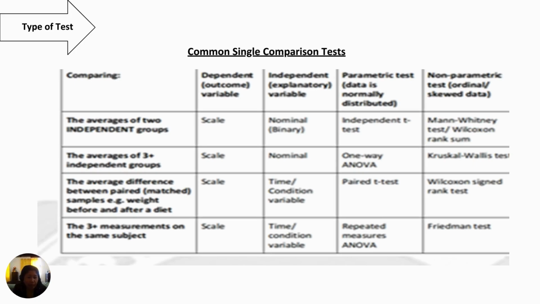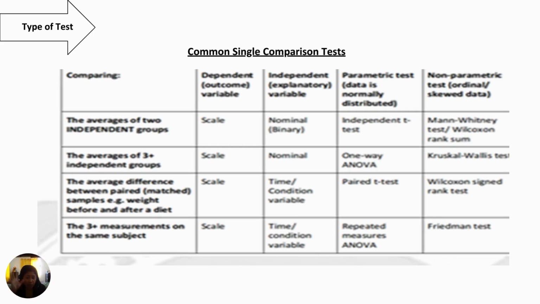When comparing the average differences between paired or matched samples, scale yung dependent variable, okay? And independent variable halimbawa is, of course, since it would still be a scaled data, but now we have two related measurements from the same person.